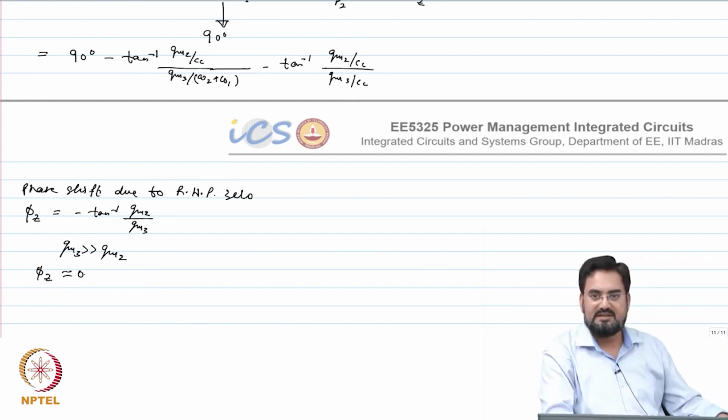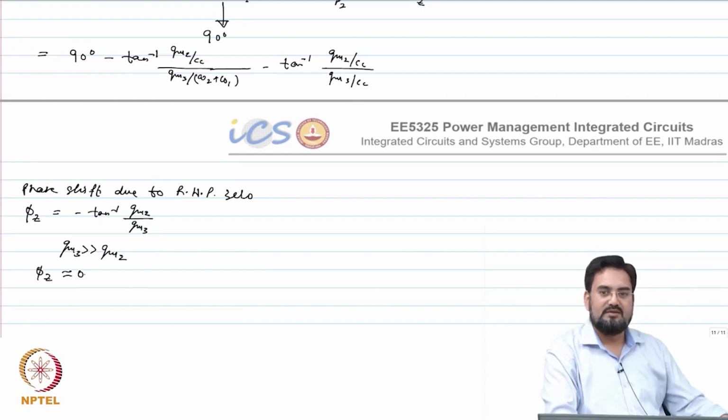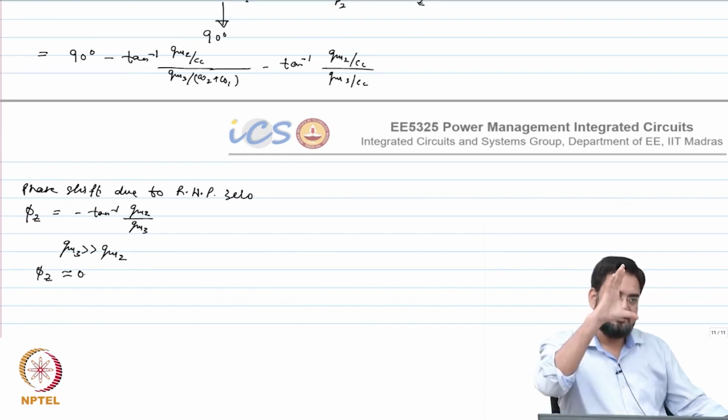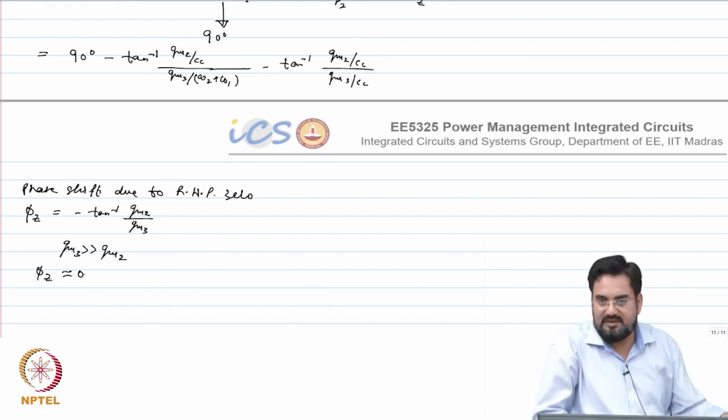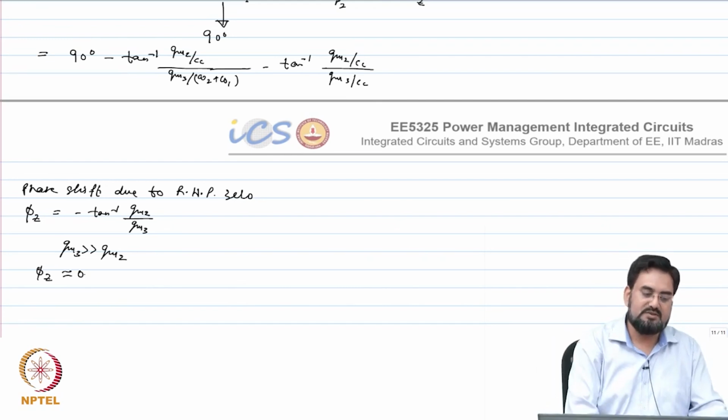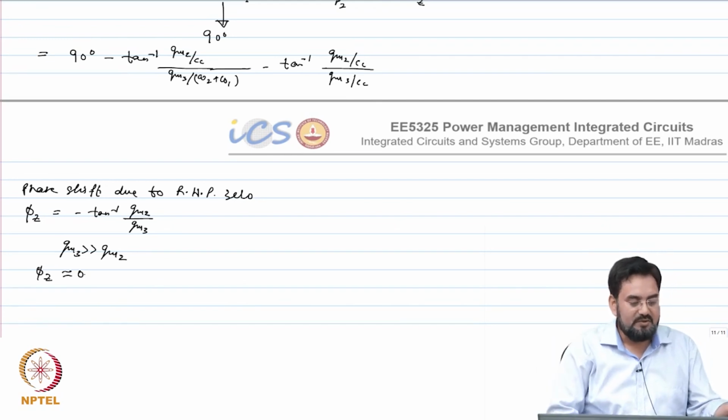We know GM is delta I out over delta V in. So if your GM is very low, a small change in the current will cause a large change in the input voltage, and that is why input referred offset is large if GM2 is low. So most of the time you deliberately design it for higher GM.